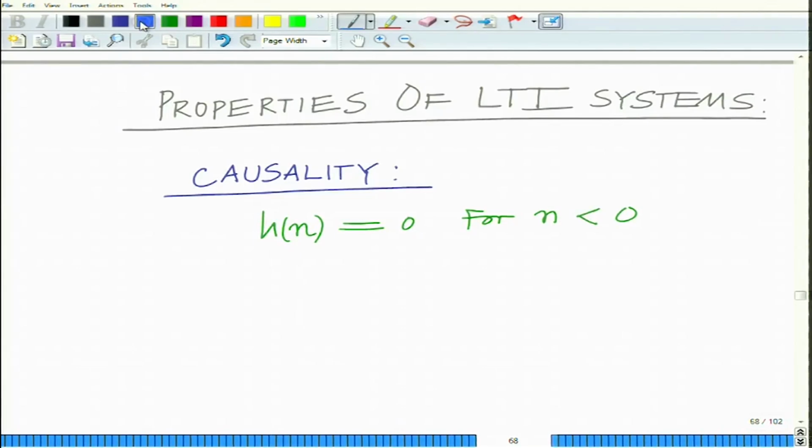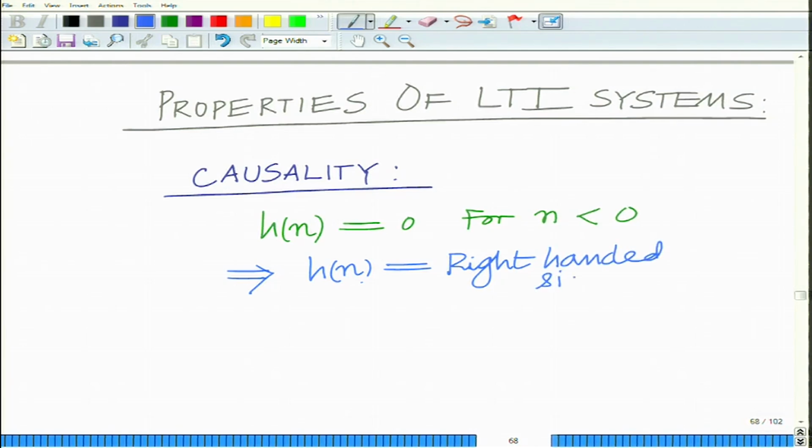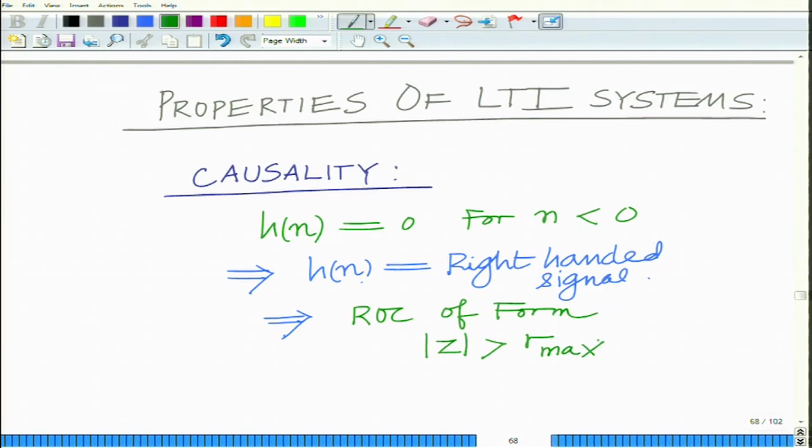Therefore, the ROC, the region of convergence of the Z transform H(z), must be of the form magnitude of z greater than R max.